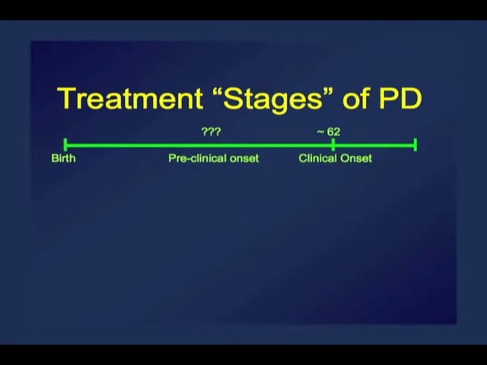When we think about the treatment stages of Parkinson's disease, we're all born, we all die at some point. That's just what happens to us humans. Parkinson's disease itself, the average age of onset is about 62. Based on pathological studies, we really think that Parkinson's disease is developing probably 5 or 10 years before the onset in someone's brain.